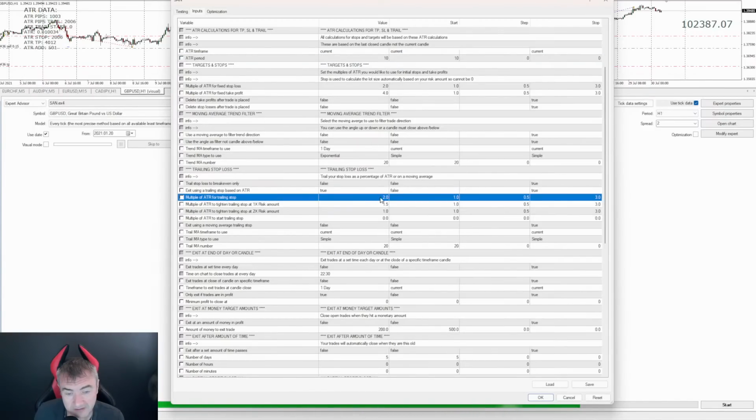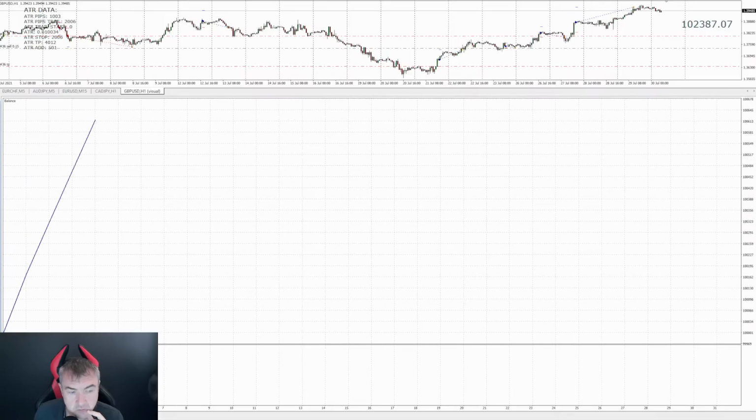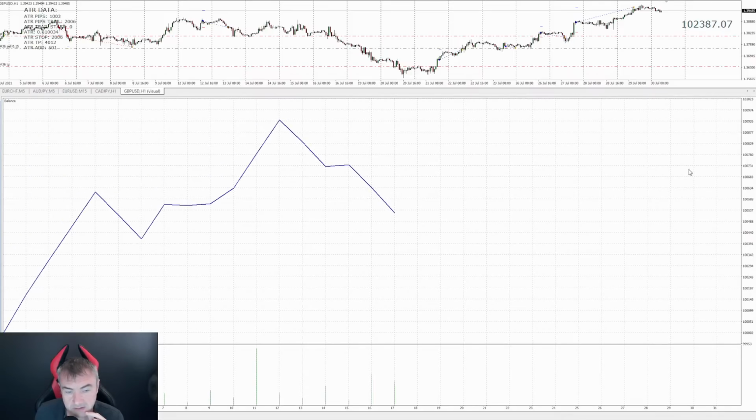So it's a case of testing the trailers, really. If we just use a 2 ATR trailing stop on the current time frame to start with and see what impact that has on the equity curve, hopefully it will smooth out those big jaggedy losses. There we go, that is a trailing stop.